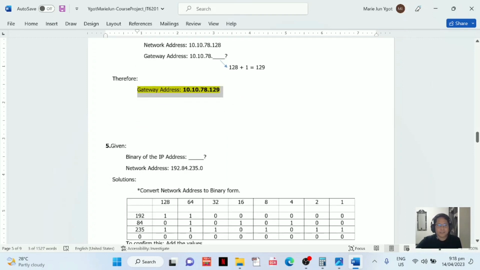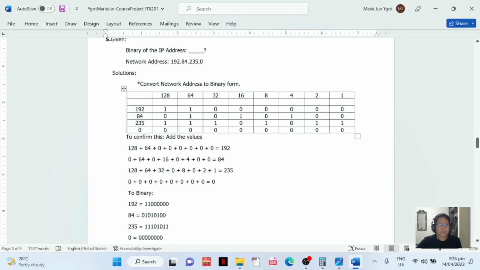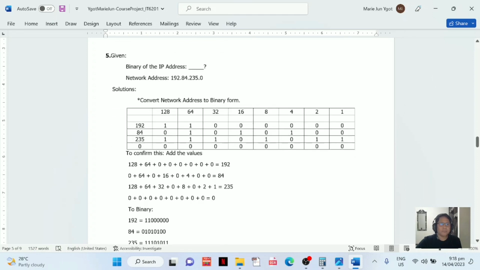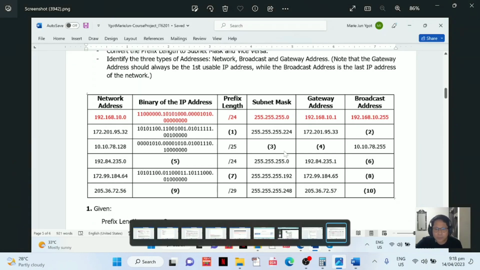Okay. So let's move on to our problem number 5. What is our problem number 5? Problem number 5 is to find the binary of the IP address.